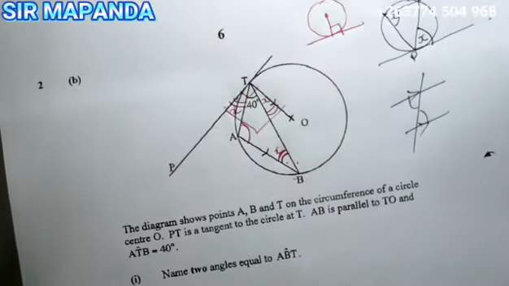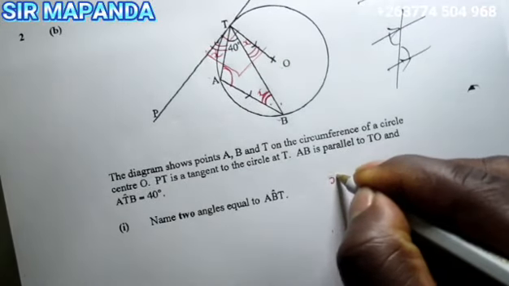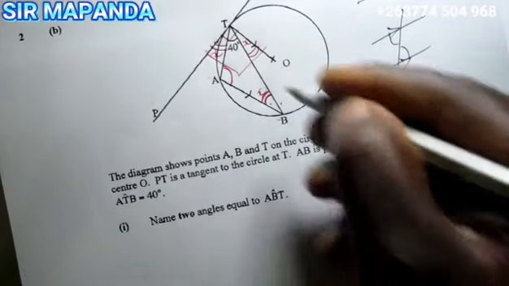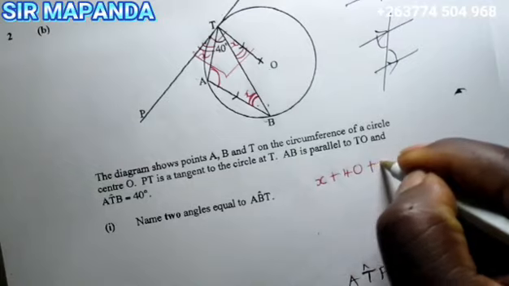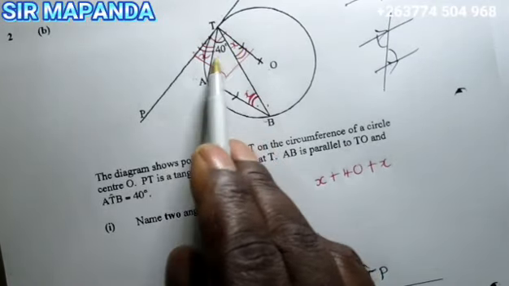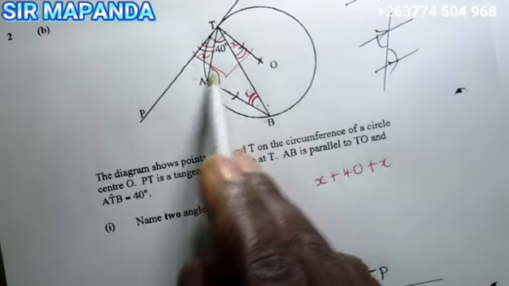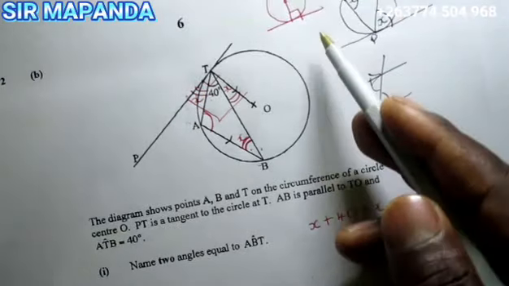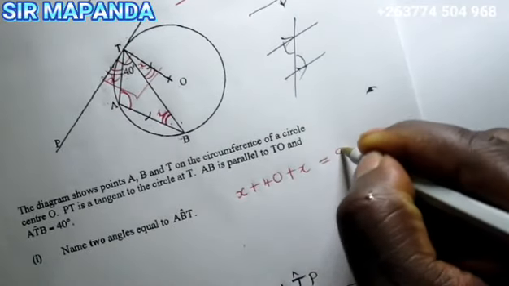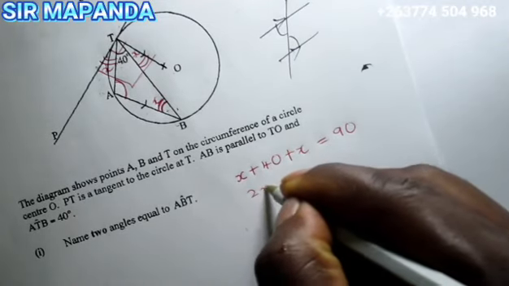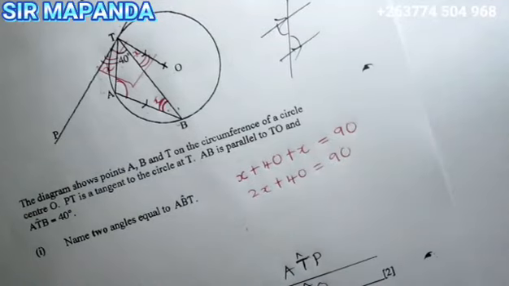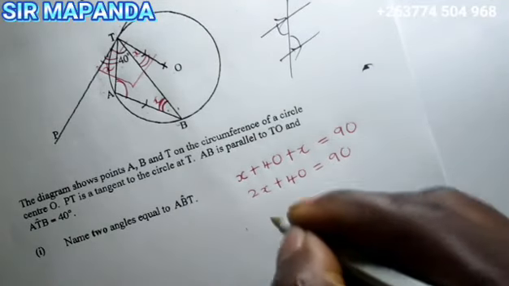If I take x here, add this x with 40, and add it with another x there, because we have got three angles, x, 40, and x, which make up 90 degrees using this theorem of radius and tangent, equate to 90. You get 2x plus 40 is equal to 90.